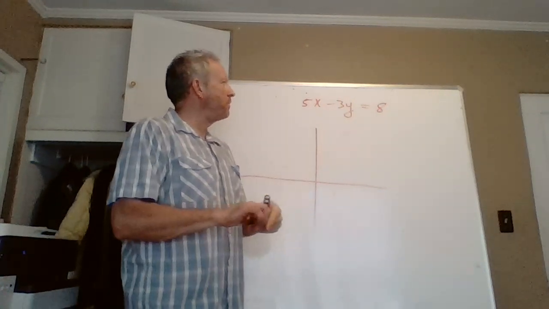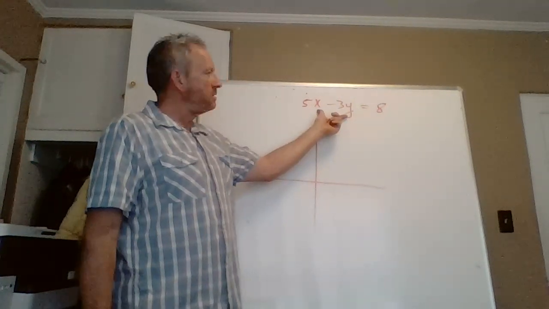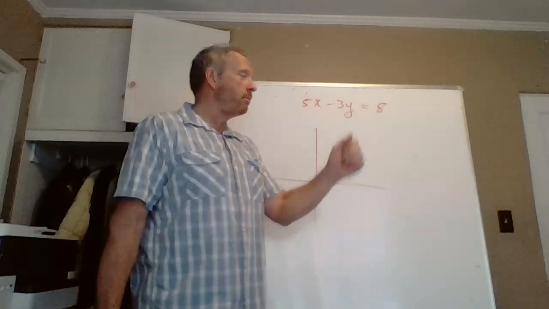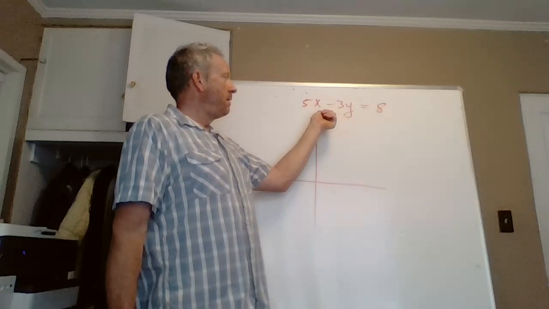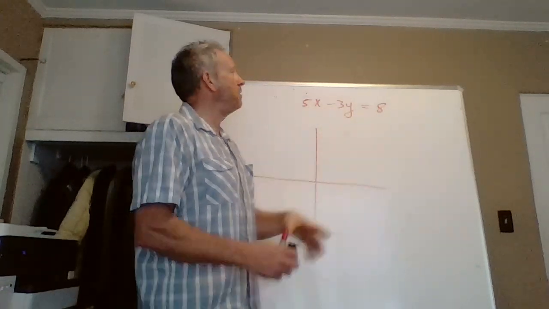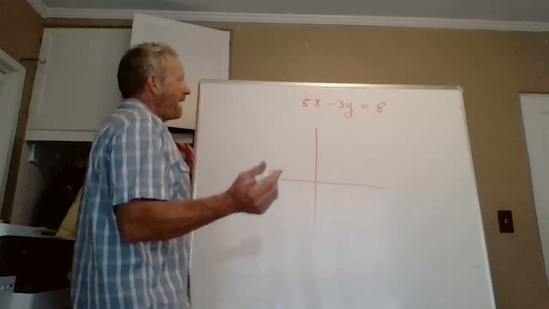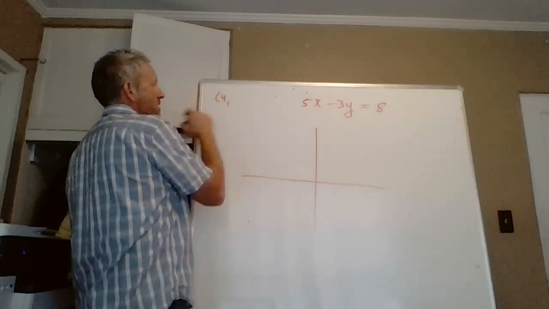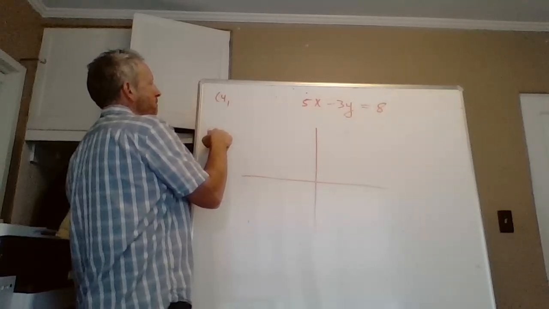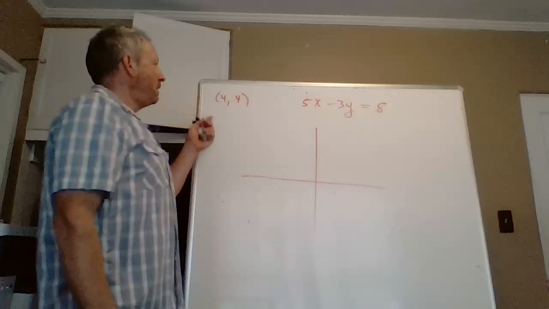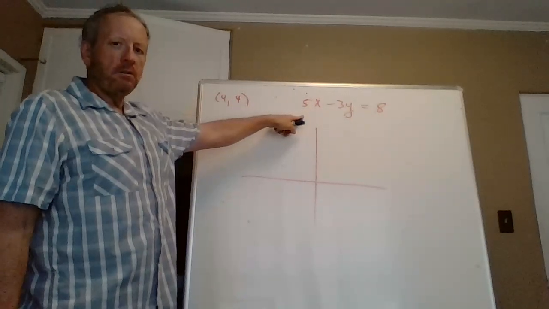Now what is a solution for an equation like this with 2 variables? It would have to be an ordered pair, a pair of numbers. Someone would have to tell you what x is, and someone would have to tell you what y is. So suppose I claim that this is a solution for this equation.